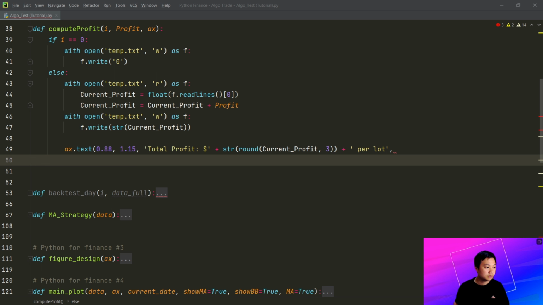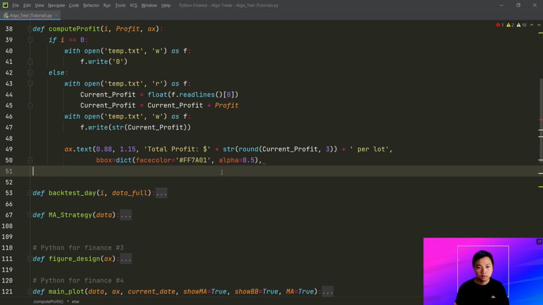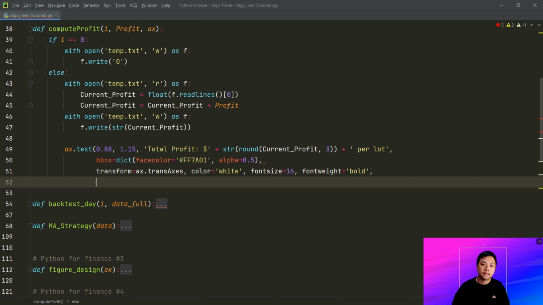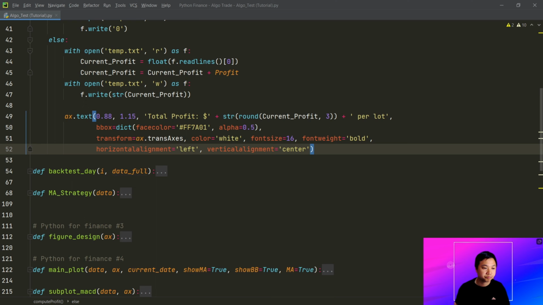And again, I'm going to use a bounding box, which is an orange color bounding box. For the text color, I will just use the right color, font size 16, bold font. And for the horizontal and vertical alignments, similar to what we did before, just set it on the right-hand side and make it centered in the bounding box.